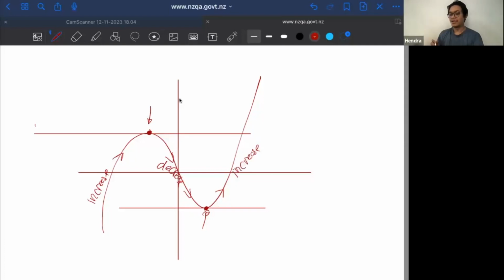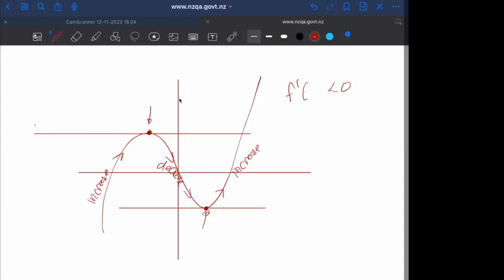Now, if the f prime is less than 0, f prime of whatever you get for the x. Let's say this is a.